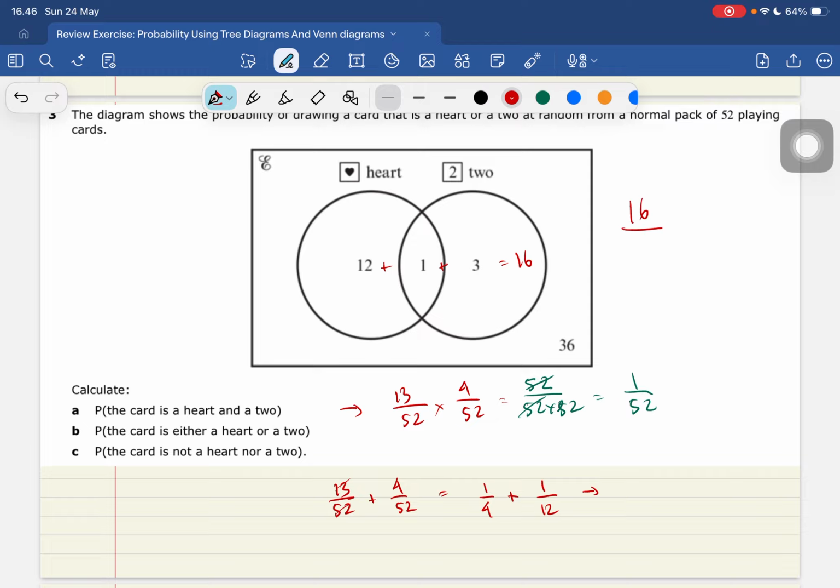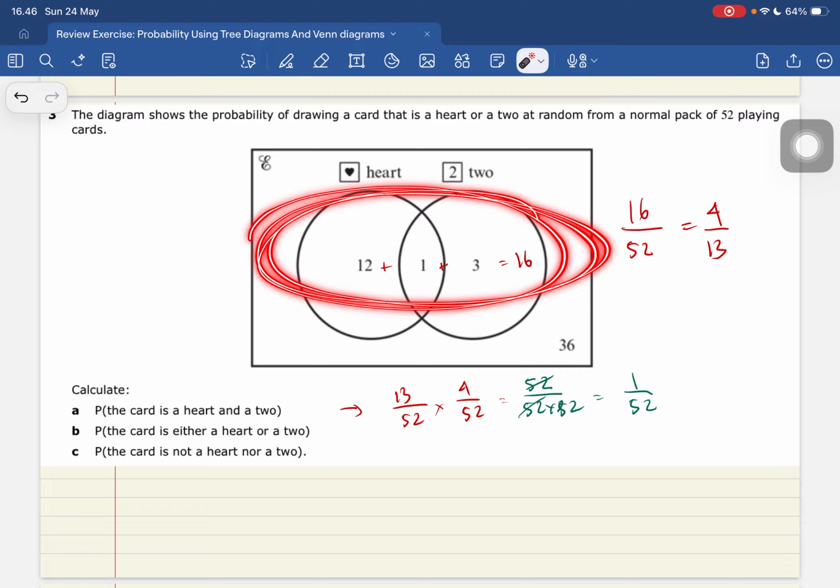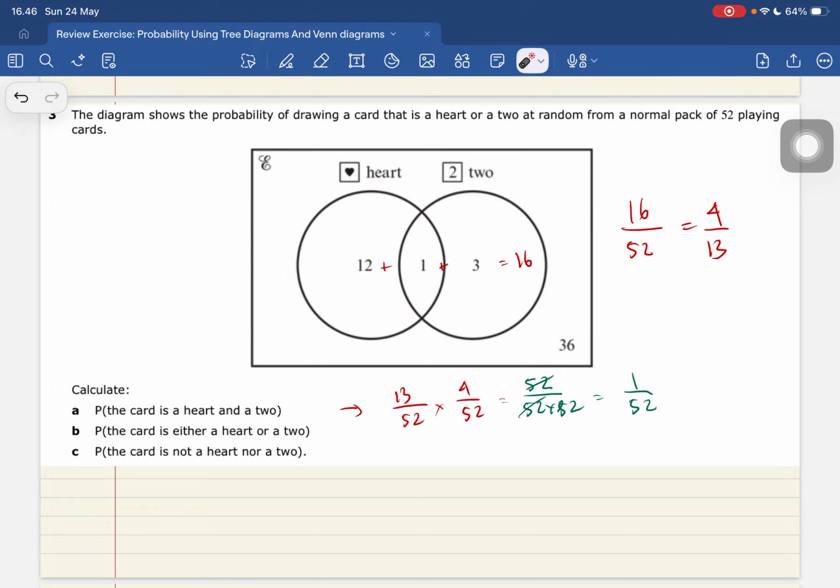Okay, 16 over 52, both we can divide by 4, so it's gonna be 4 over 13. You can just add up the total because the card is either a heart or a 2. Here is the total of 16 and the total possibility is 52, so we simplify it, so you got the answer of 4 over 13.